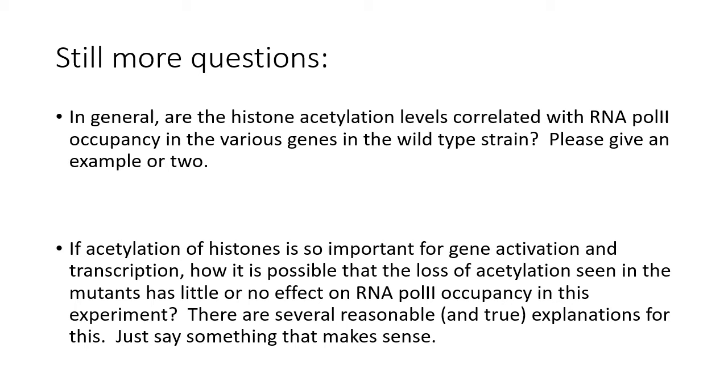So knocking out one particular location of acetylation doesn't mean that those histone tails aren't actually acetylated. These are redundant in the sense that you can acetylate numerous locations, and it may well be that some sites are more important than others, and in any case that some sites are not important in the sense of activation of transcription. So just make up some reasonable explanation for that.